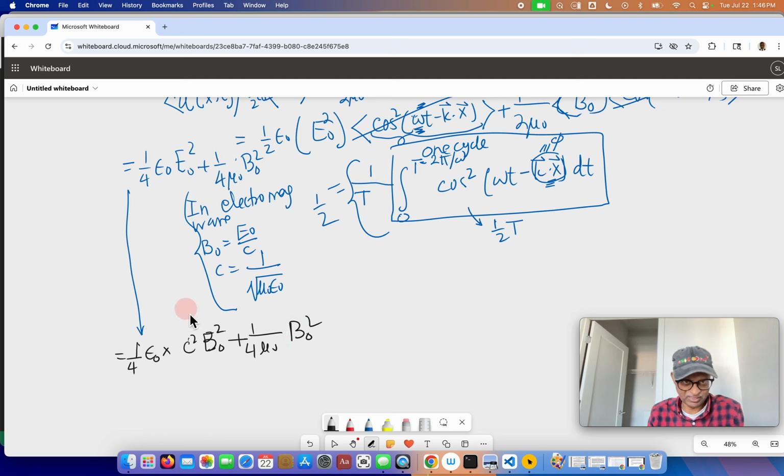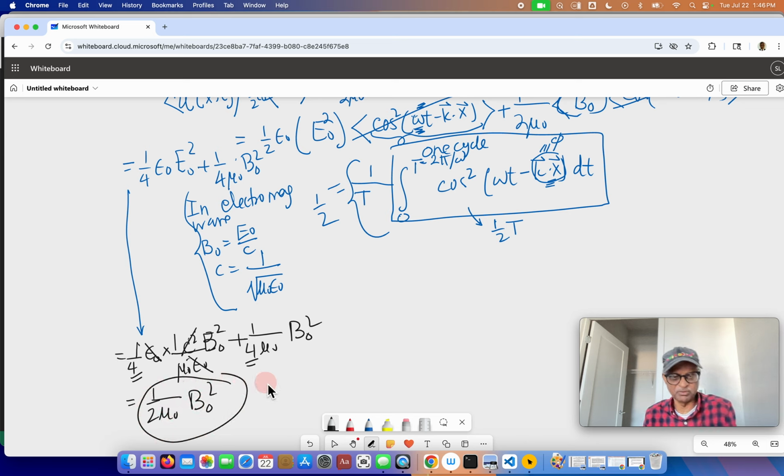So suppose I want to convert that into everything in B0. Now c square from here will be 1 over mu naught epsilon naught. This epsilon naught cancels out, and 1/4 and 1/4 becomes 1 over 2 mu naught B0 square. That's what I used to solve this problem.